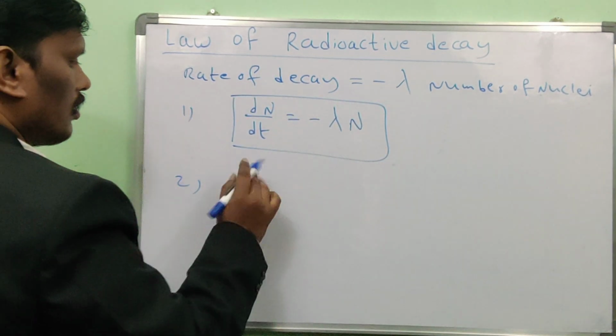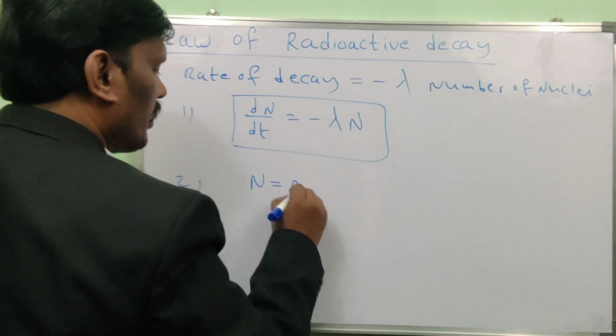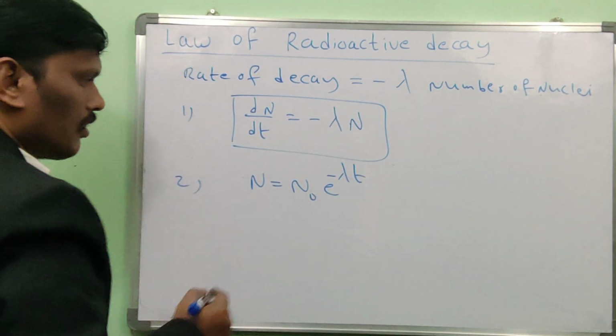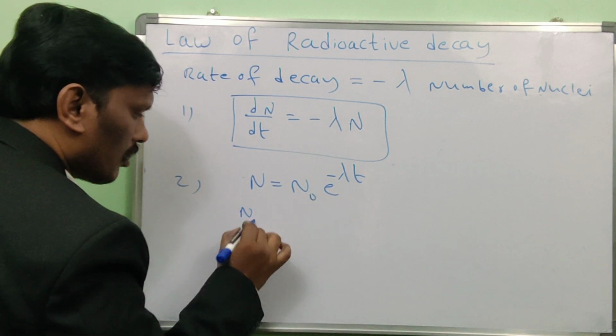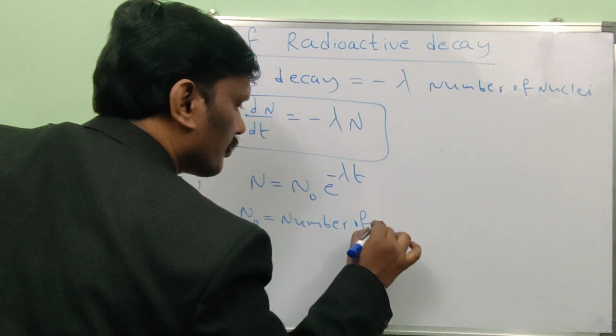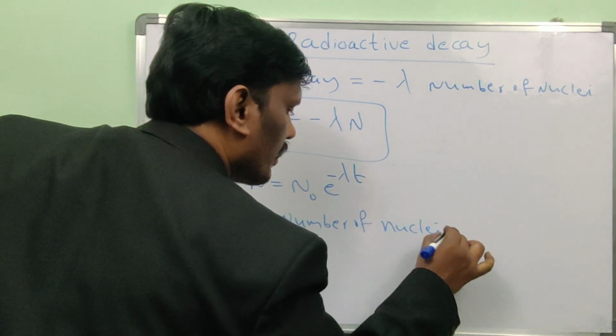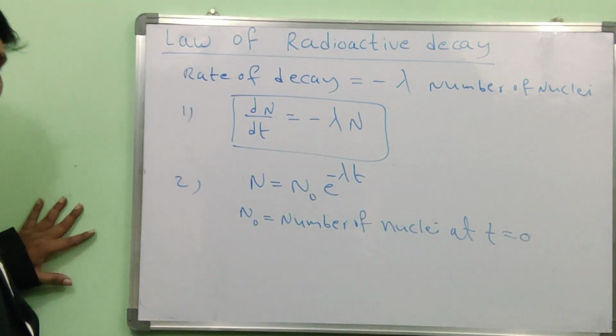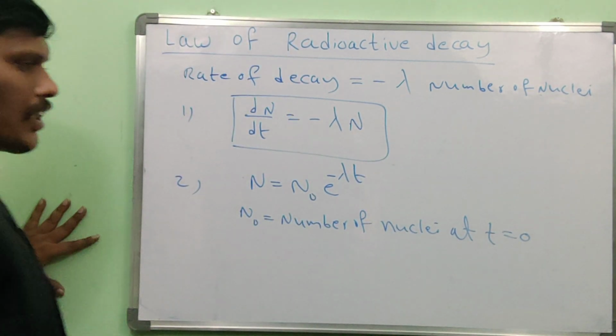And next one, N is equal to N naught e power minus lambda t. What is the meaning of this? Here N naught is the number of nuclei at t equal to 0 seconds, that means the initial time.